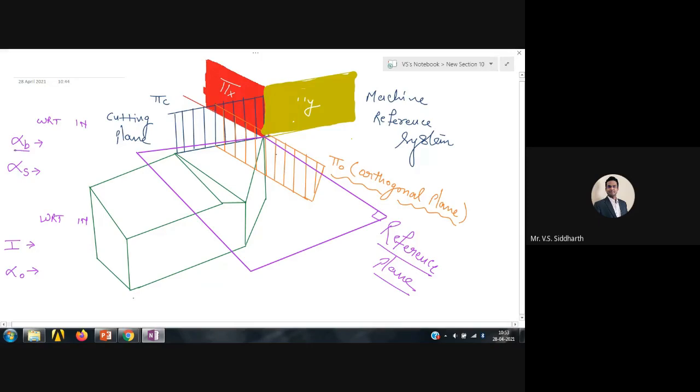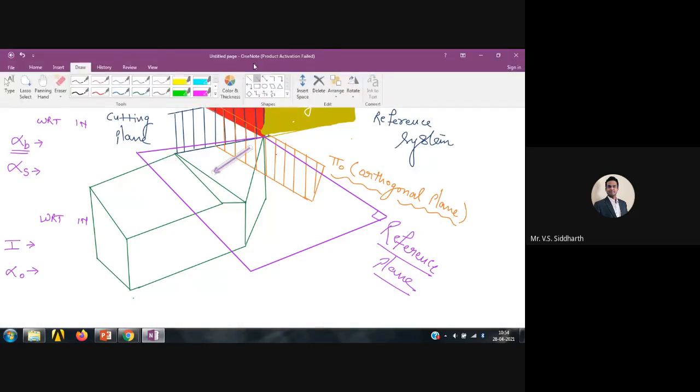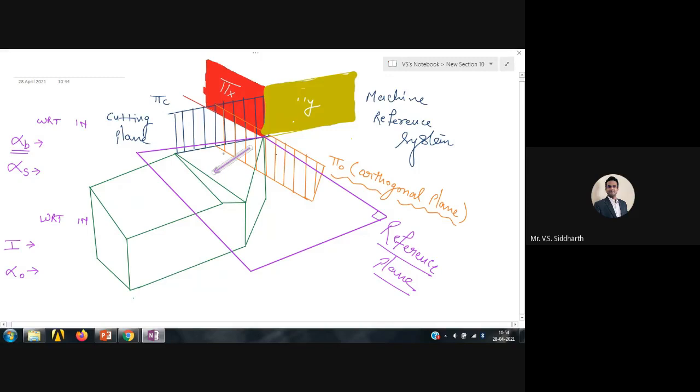Back rake angle means the angle which measures the backward inclination of the rake face, and the side rake angle measures the sideward inclination of the rake face. So we measured that angle with respect to the reference plane, pi r.